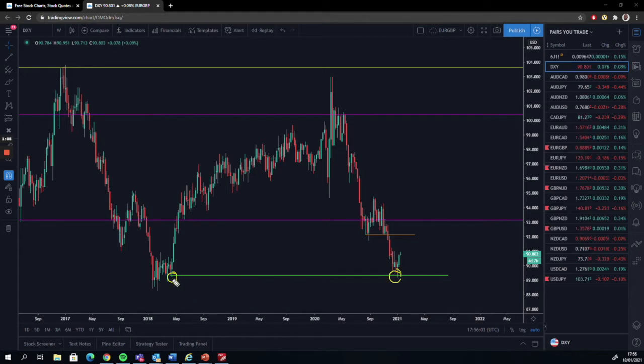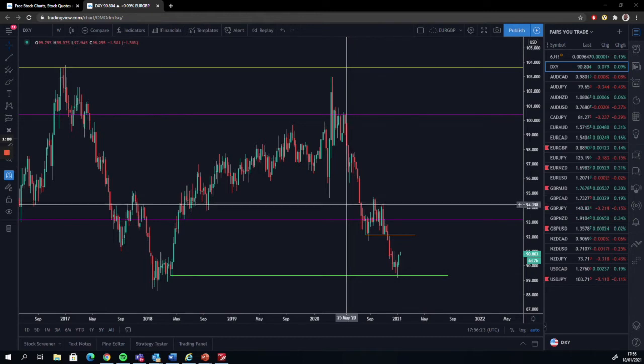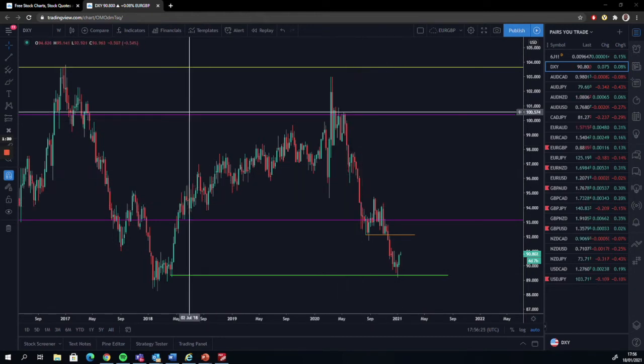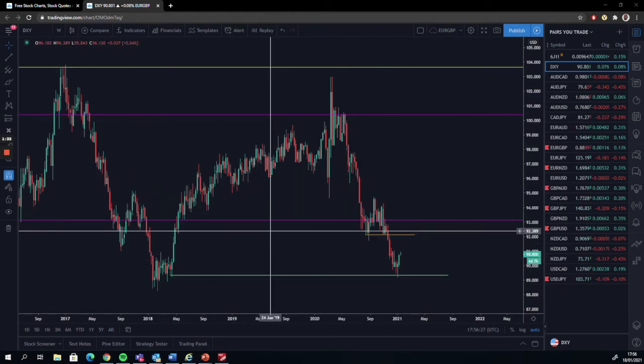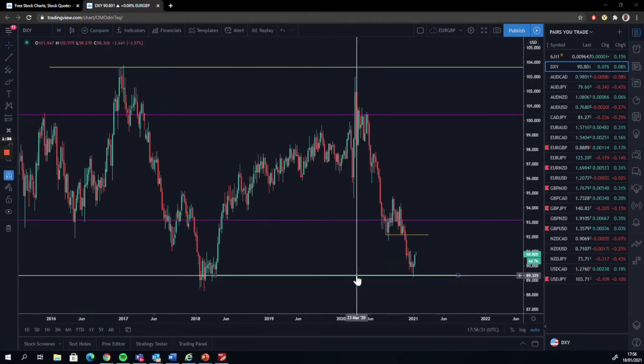We've actually swept these lows here, i.e. a stop run. Now we've started to move up on DXY. When we start to move up on DXY, it essentially means that there are some potential opportunities to short dollar crosses. And obviously in this case, we potentially want to short GBP USD.